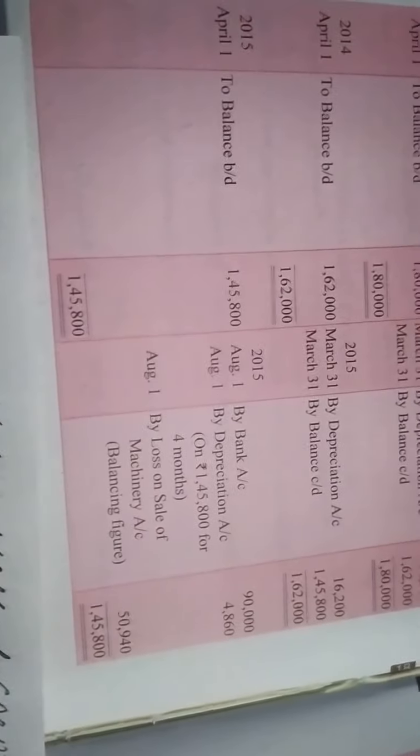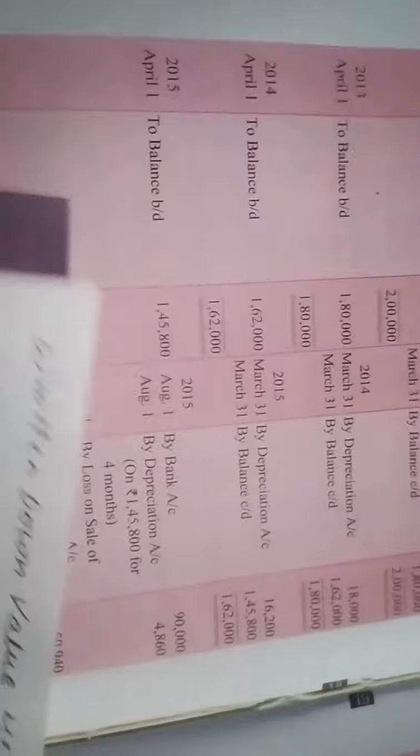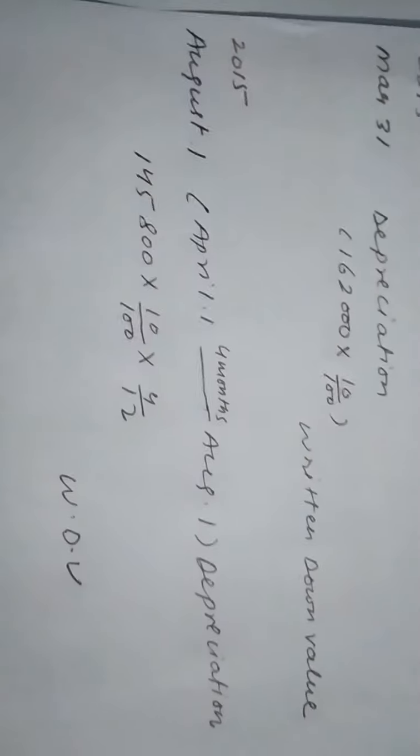Now here we have to do the treatment of the last step of depreciation calculation. See, in 2015-16 the machinery was sold on August 1st 2015, so the 4 months depreciation will only be charged here, that is 4,860.